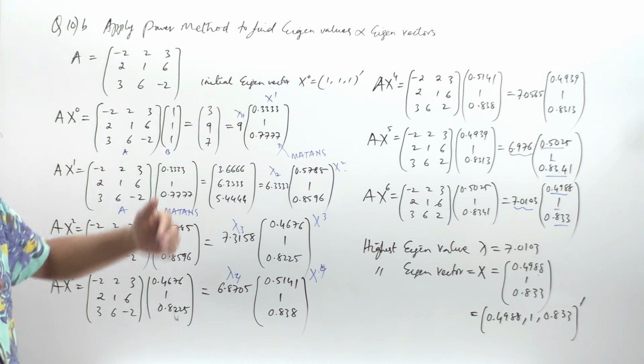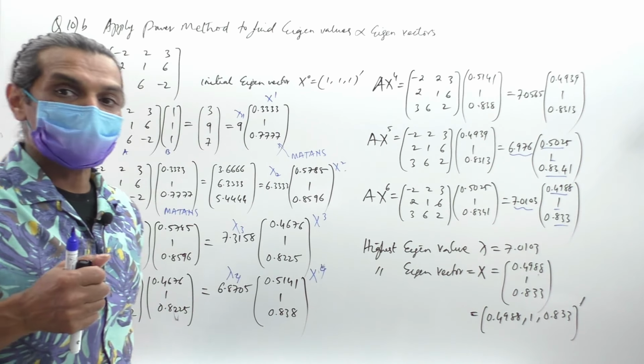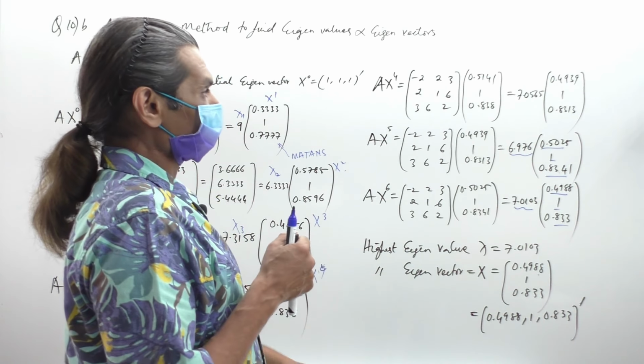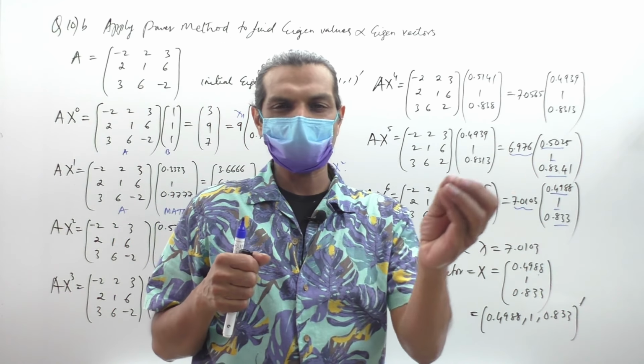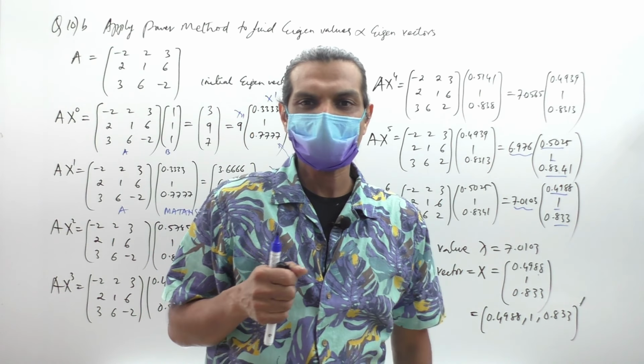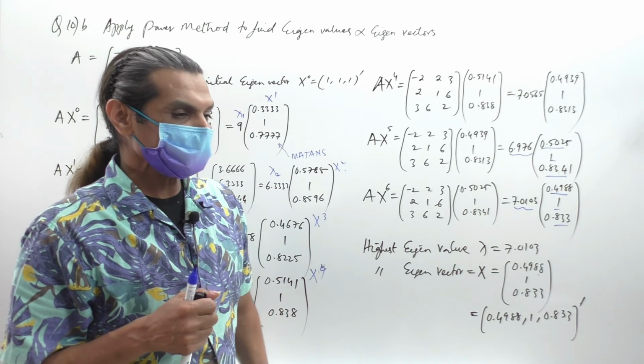I have chosen 1 here because if you choose 1 0 0, it may go up to some 13-14 iterations. So it's better to choose values like 1 0 1 or 1 1 1. That's all. So this is how we get the eigenvalue and the eigenvector for the matrix.